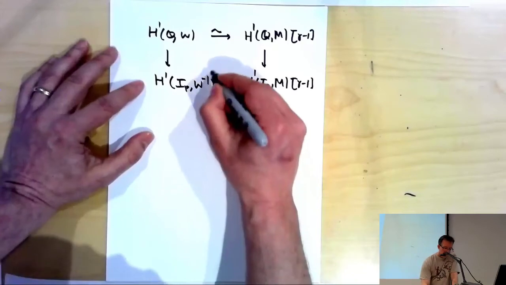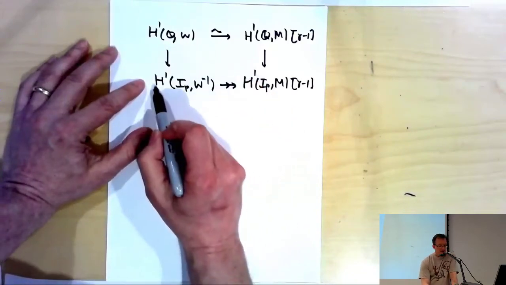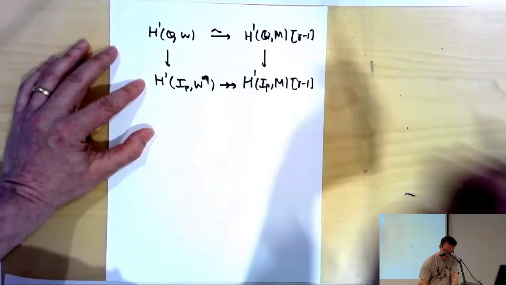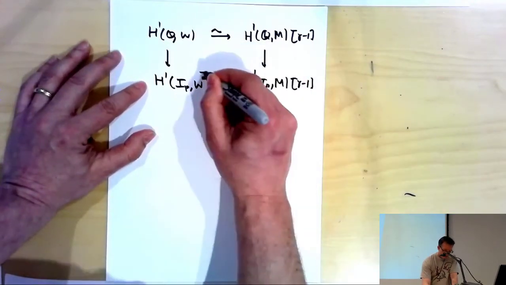One thing to note is that we don't just land in the H^1 of I_p of W, there's no W minus one, there's W. Or W minus, that was it.